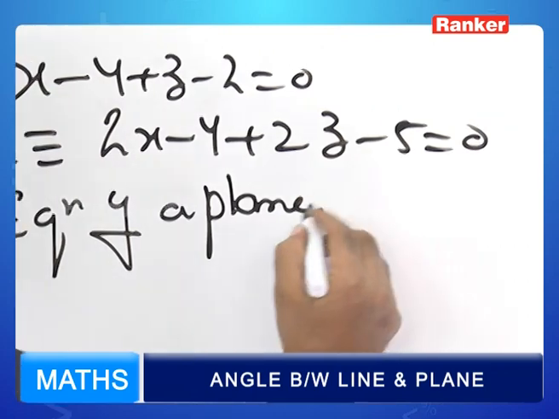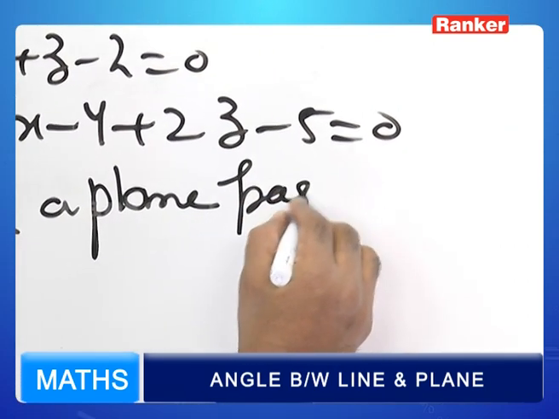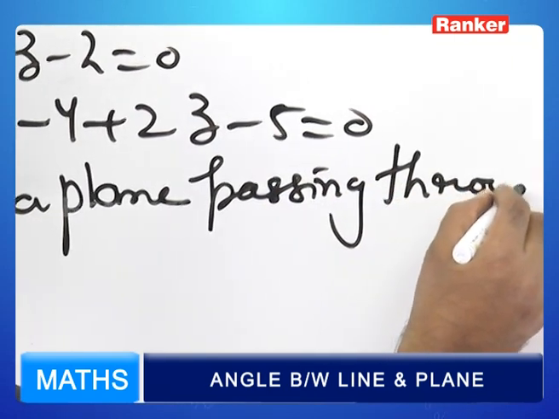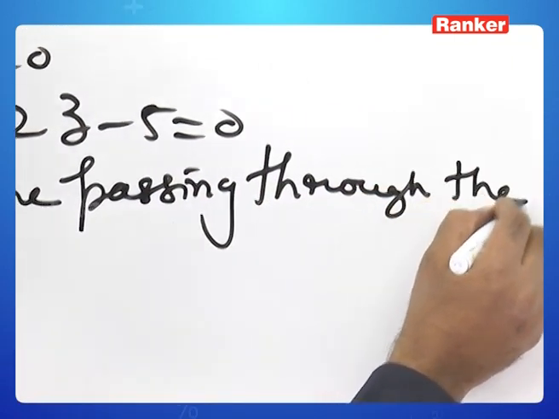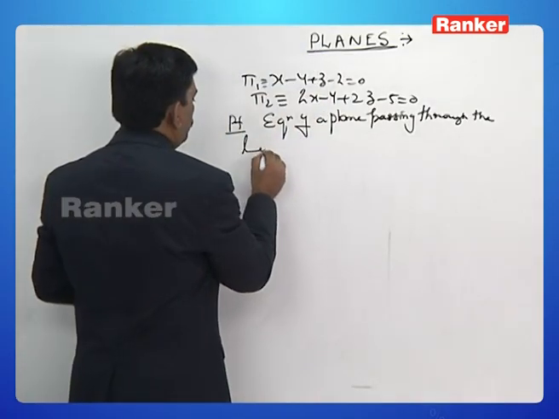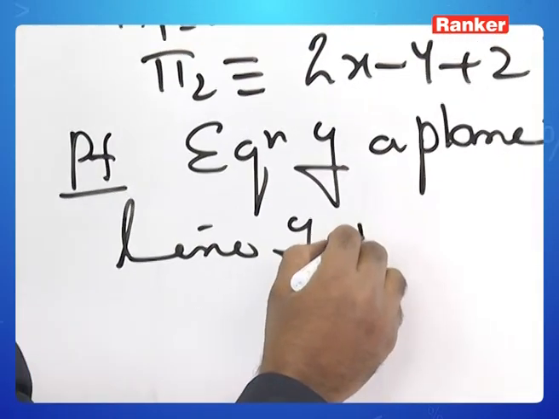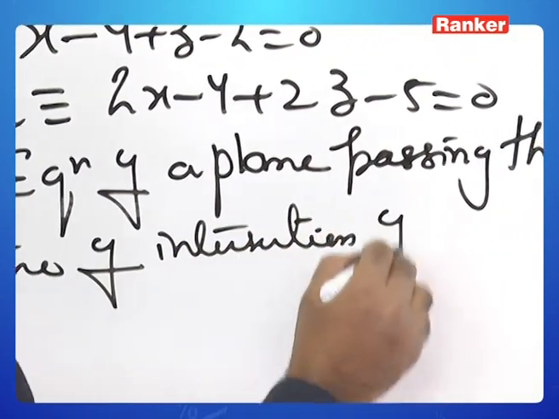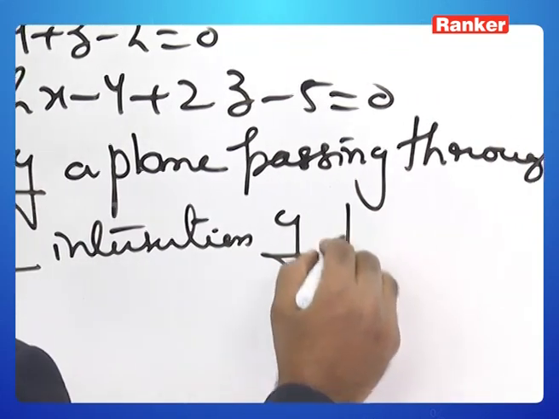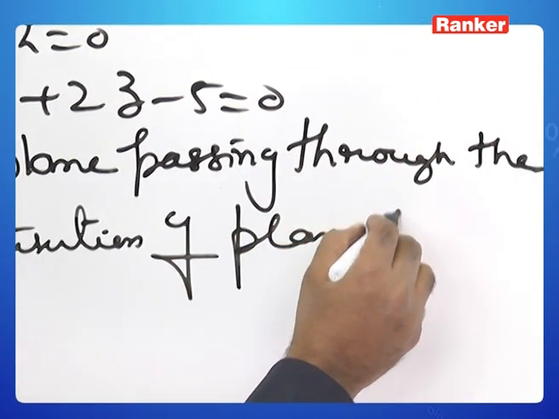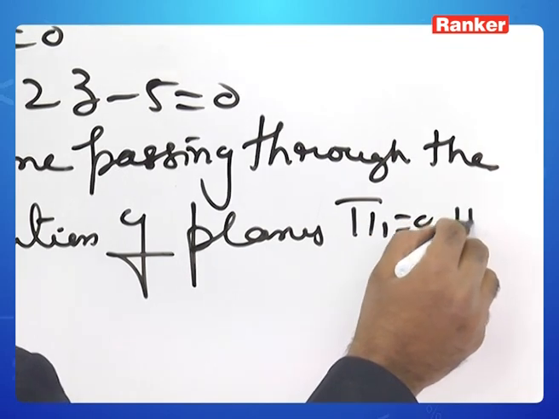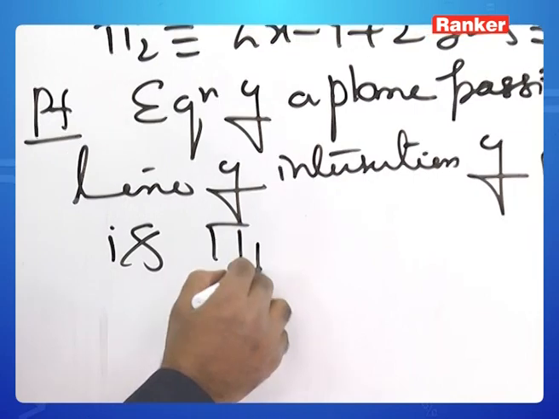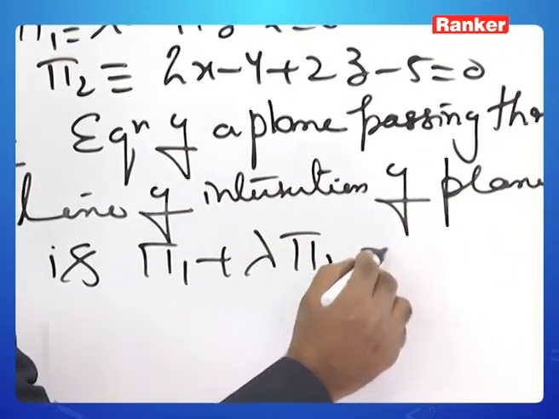Equation of plane passing through the line of intersection of planes is equal to 0.